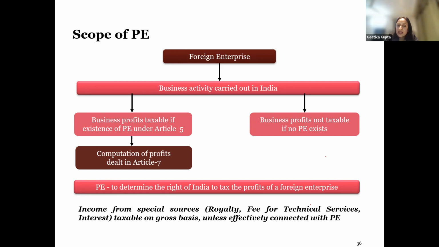If these incomes are connected with the PE, then they will be taxed in accordance with Article 5 and Article 7. And other than these royalty, FTS, assuming they are not connected with the PE, then we see other business profits. The example which I gave, that supply of equipment from overseas, it will be taxed in India only if it is having a permanent establishment in India.